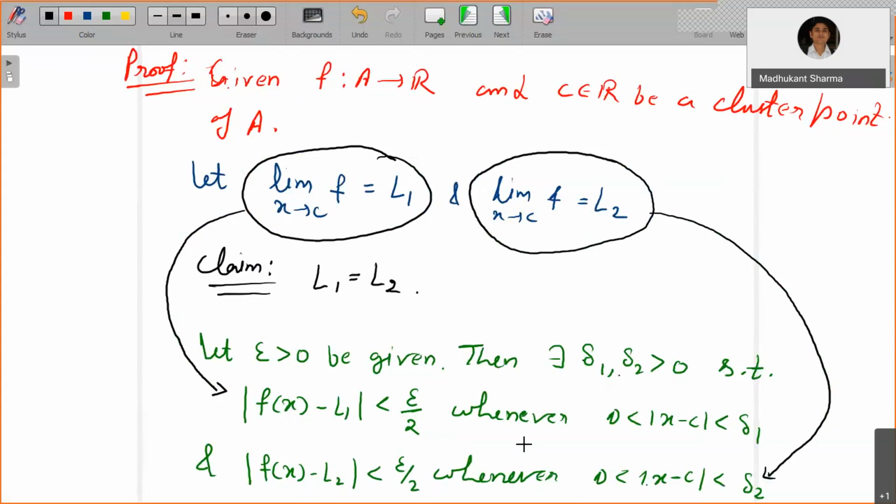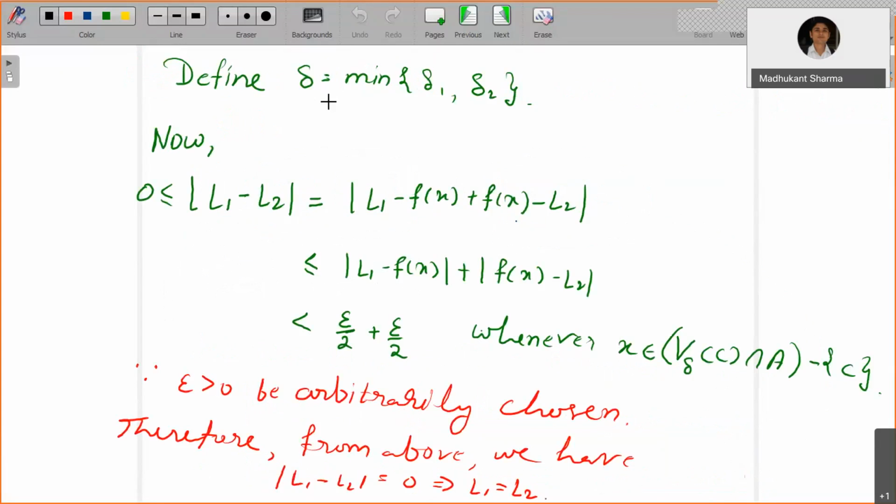Now, we want to make these two conditions hold on the same delta. Therefore, we will choose delta to be the minimum of delta 1 and delta 2. Then we can replace delta 1 and delta 2 by delta. So we define delta equals minimum of delta 1 comma delta 2.